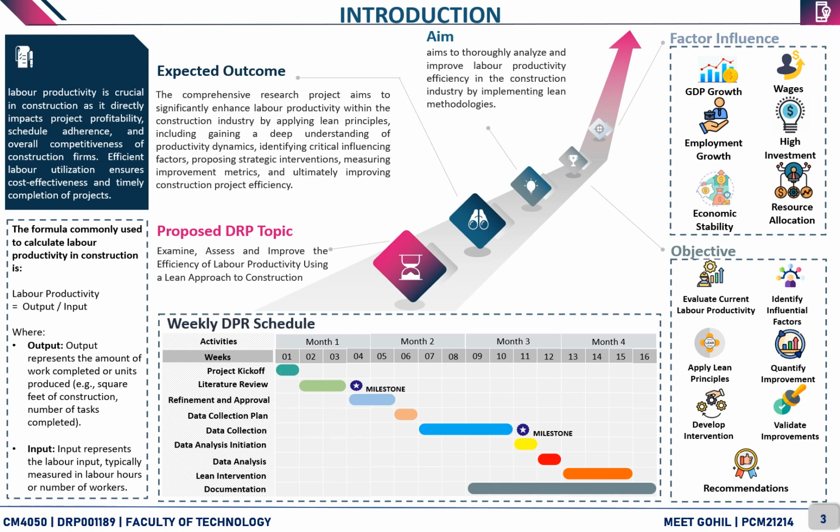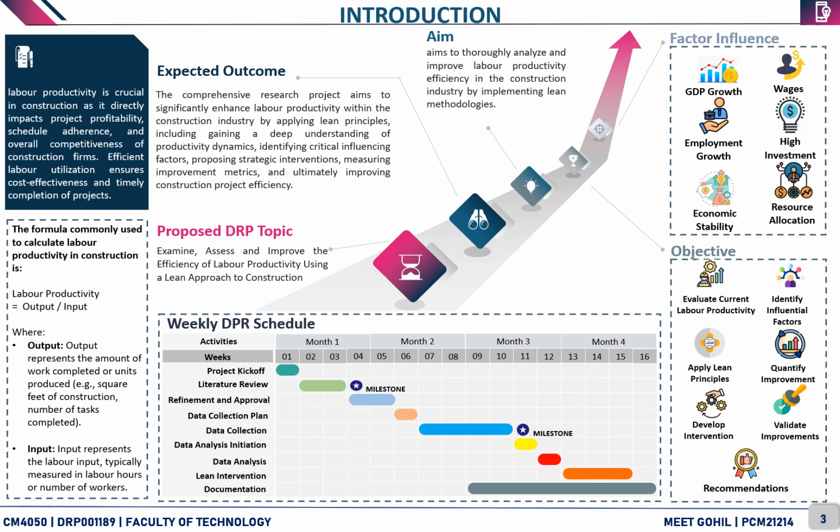Next is developing intervention strategies: proposing targeted intervention strategies based on findings, utilizing lean principles to address identified challenges and sustainably enhance labor productivity. Validating the implementation of the proposed intervention and validation of their effectiveness through real-time monitoring and measurement, ensuring tangible improvements in labor productivity.